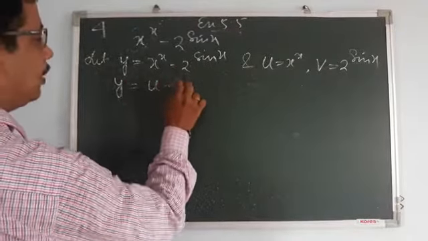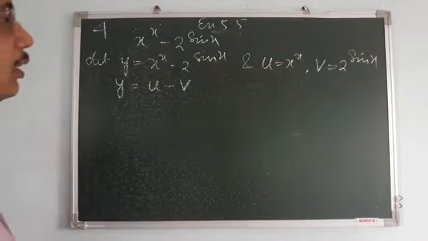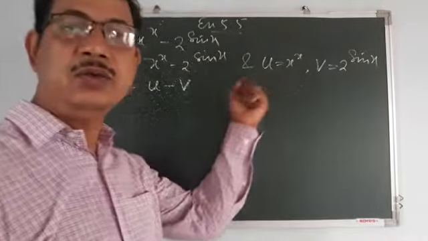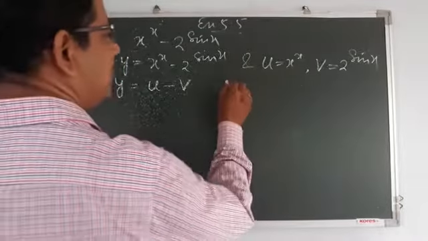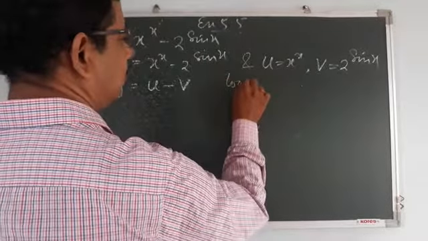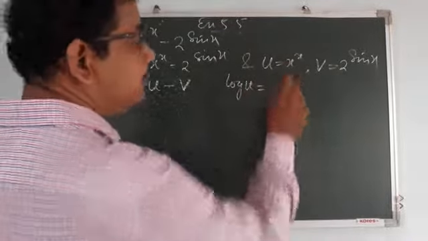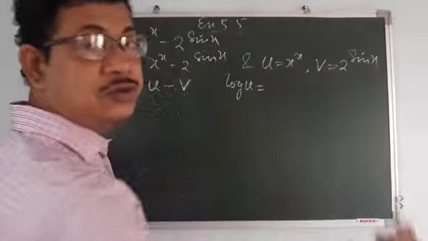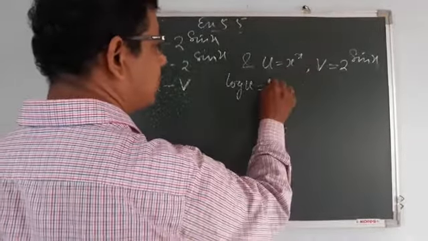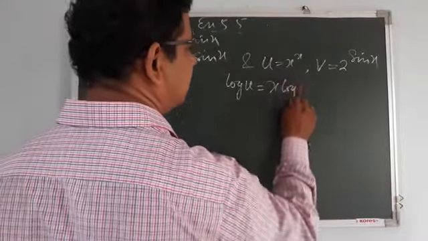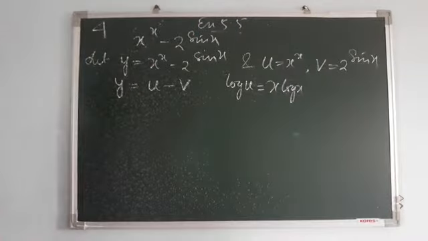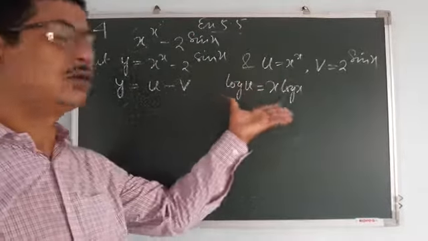y is u minus v. Now as I have taken u is equal to x to the power x, if we take log of this u, it will be log x to the power x. The power x will come in the front. Again I want to repeat, I introduce log on both sides.